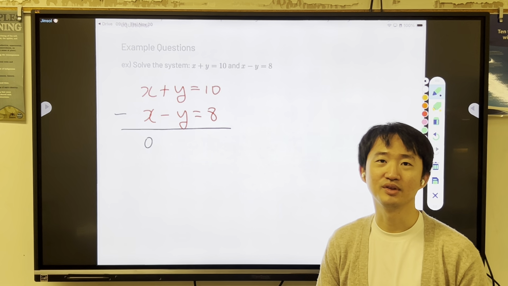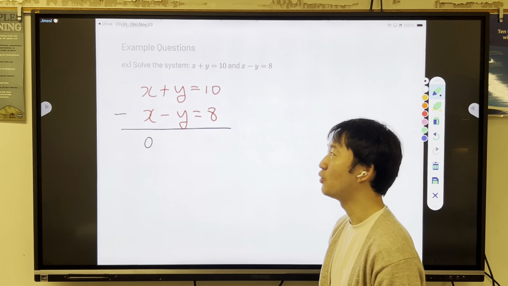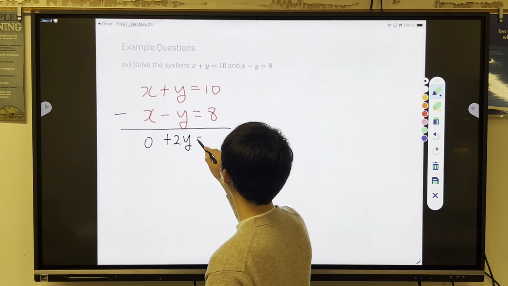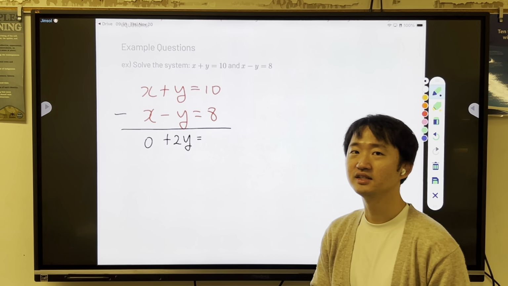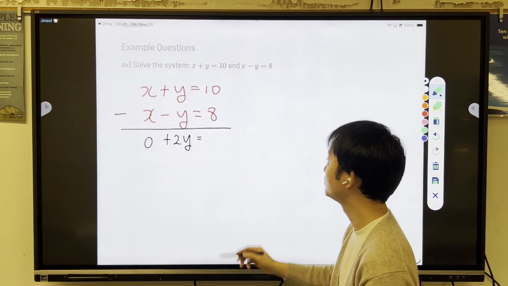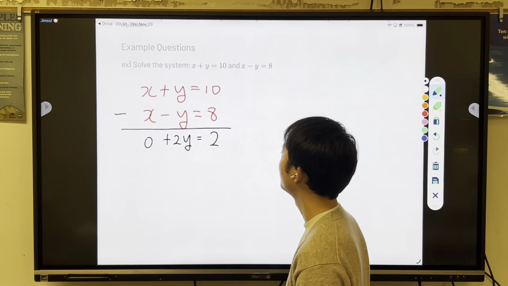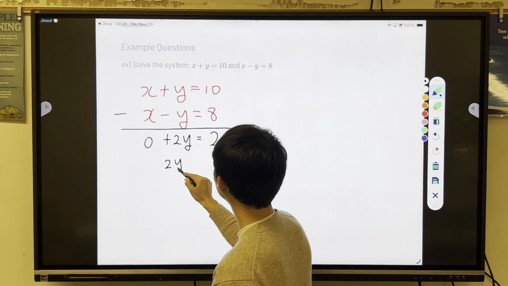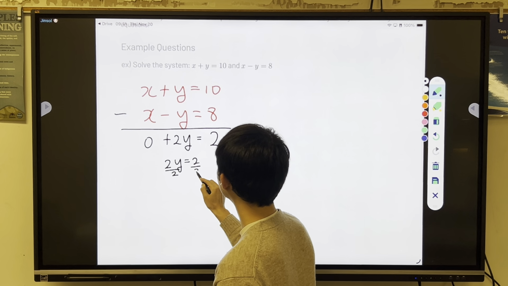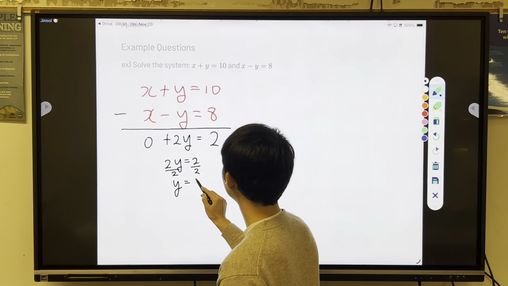Minus negative y is the same thing as plus positive y, so that's y plus y, in other words plus 2y. I do the same thing for the right-hand side: 10 minus 8, which is 2. So therefore, I have 2y equals 2, and I can divide by 2 on both sides to get y equals 1.